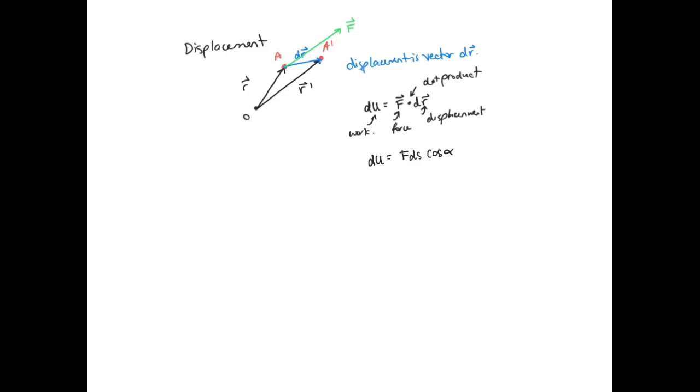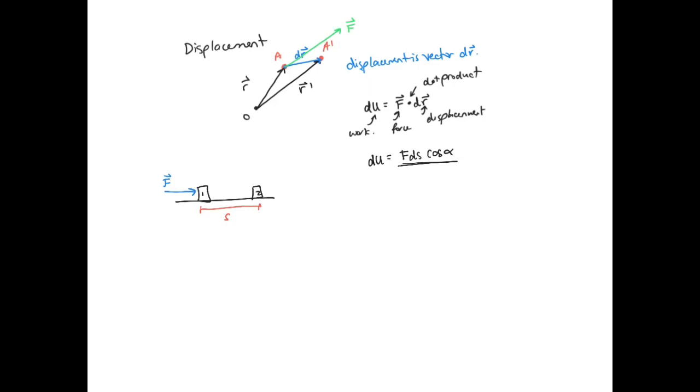And so I'll just do an example to show you what this actually means in real life. Let's say we have a block here that's on a table, and this is point 1, and then the block moves to point 2. Let's say the difference between them is S, and we have a force here of F. Our force is in exactly the same direction as that displacement.